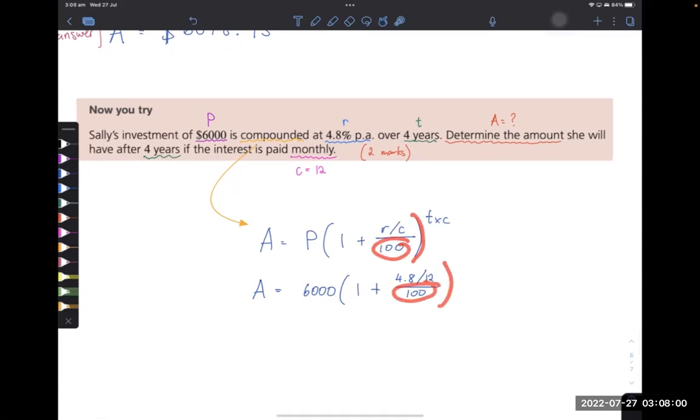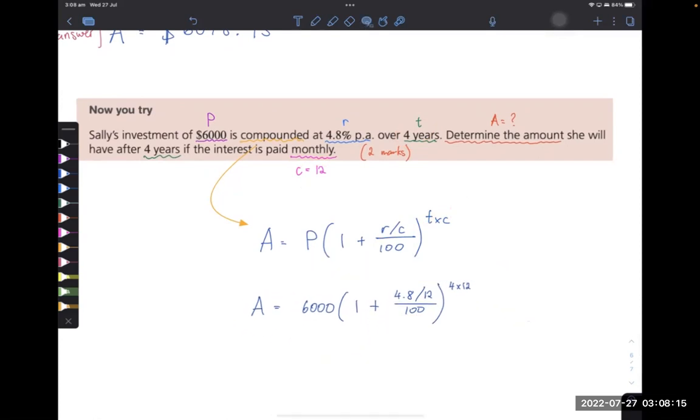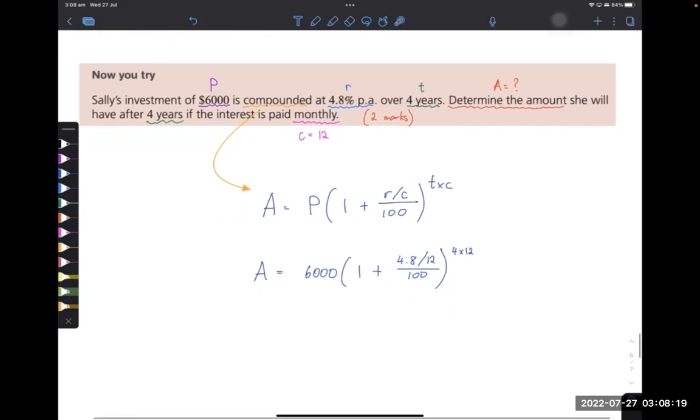Close the bracket. And we're going to put it to the power of T, which is 4, times C, which is 12. So it's going to be to the power of 4 times 12. Our last part now is to type it into our calculator before you get your answer.